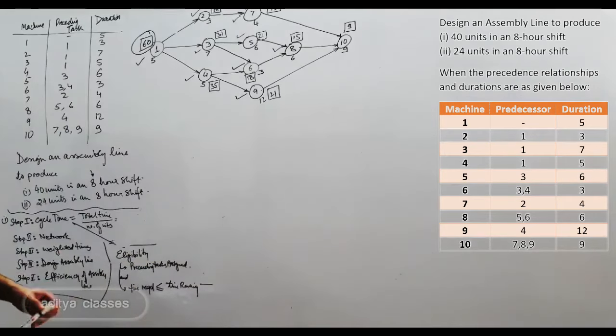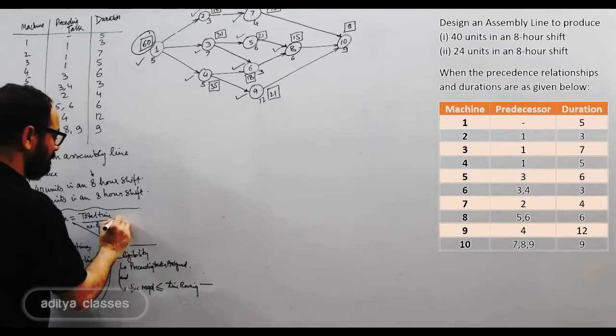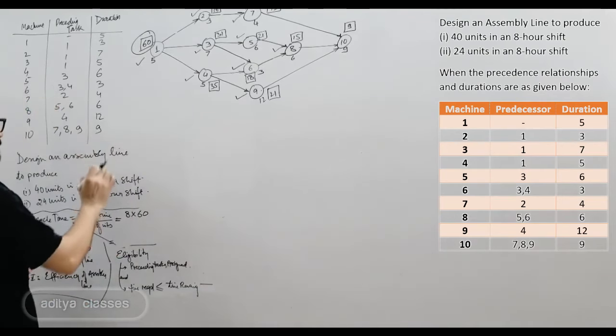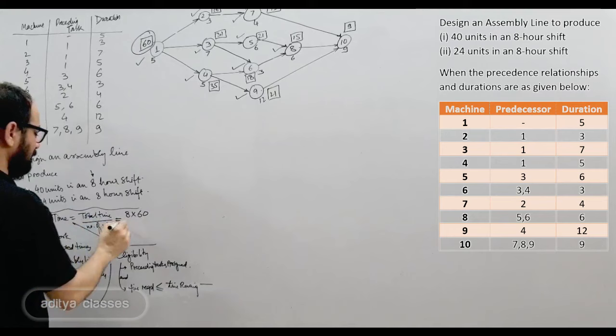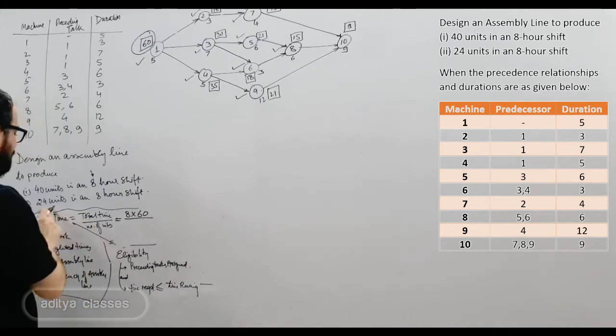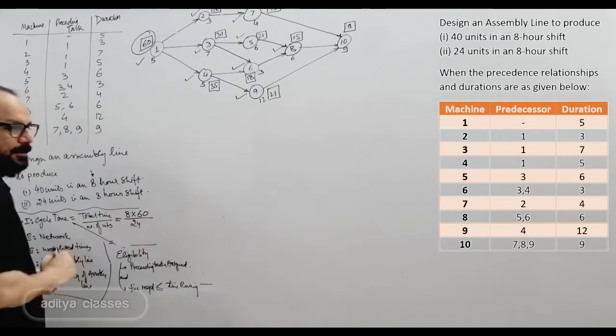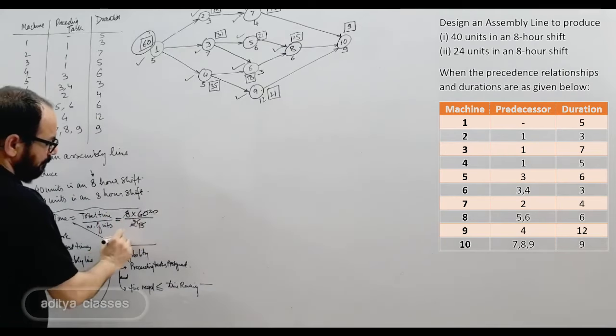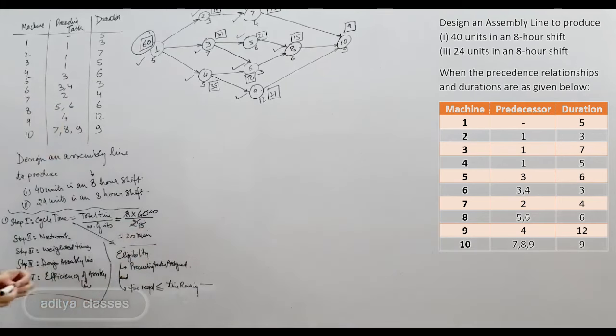Our cycle time will be different because total time available is still 8 hours at 60 minutes each. But this time I need a different number of units. Last time it was 40, this time it is only 24. So we can say that my cycle time this time is 20 minutes.